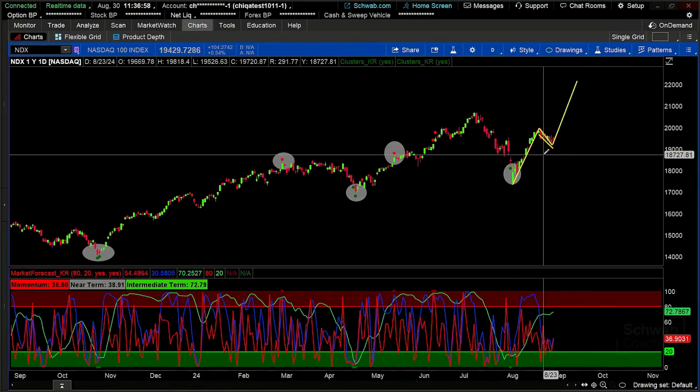Okay? So that being the case, take this indicator as simply one means of evaluating entry and exit signals.